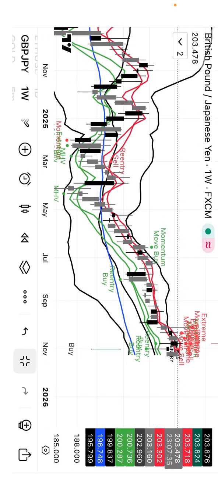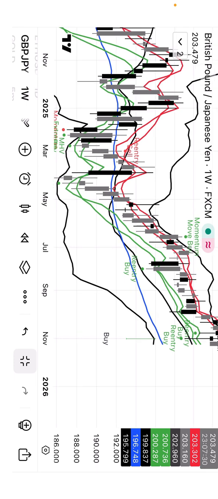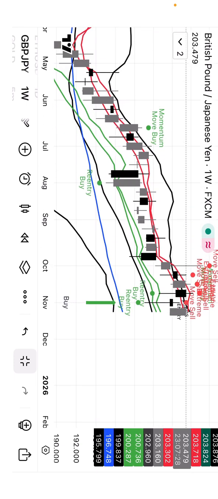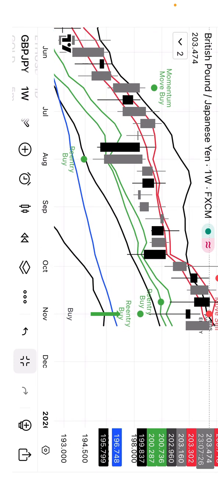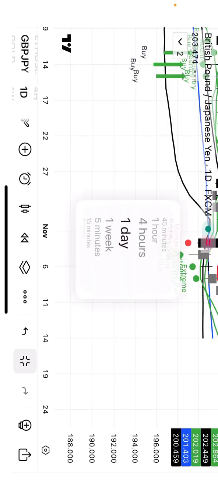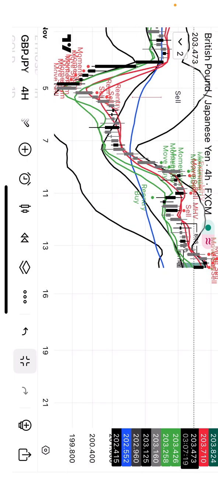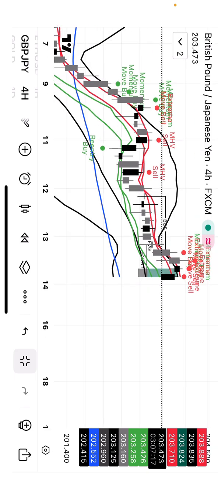So the idea of this indicator be seen now. Make I go for lower time frame. Okay, just trade what I take for example.